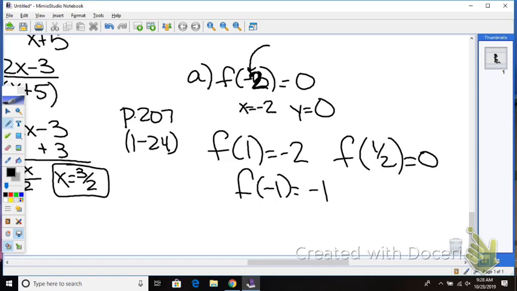We've got 2 more things tomorrow: the min and max and the increase and decrease. So if you get done and you have 3 or 4 problems left, you'll probably have time to get it done in class tomorrow. But if you have 10 problems left, I would probably take this home.